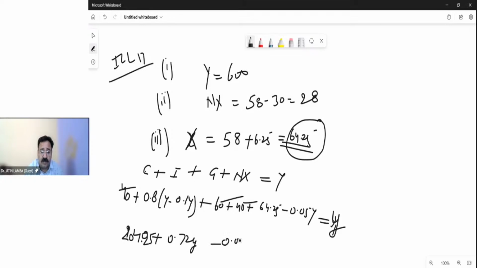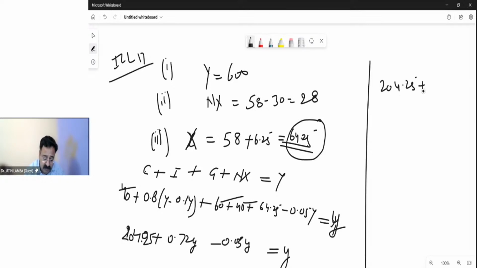Minus 0.05Y is equal to Y. So 0.72 minus 0.05, that is 0.67.